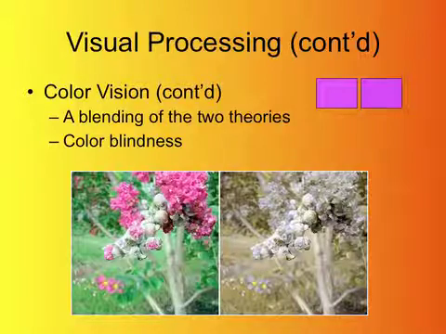And so some examples here for you. These two fuchsia or magenta, purple, whatever you want to call them, squares, are they the same or are they different? The majority of you are probably going to say that they are the same color.